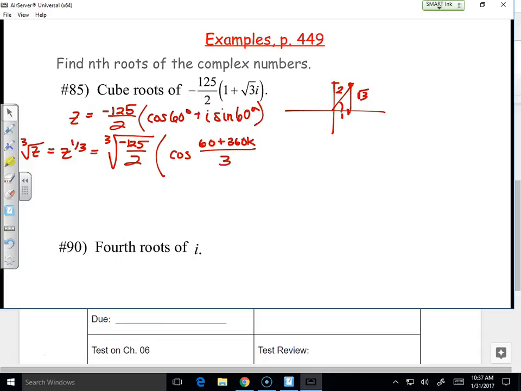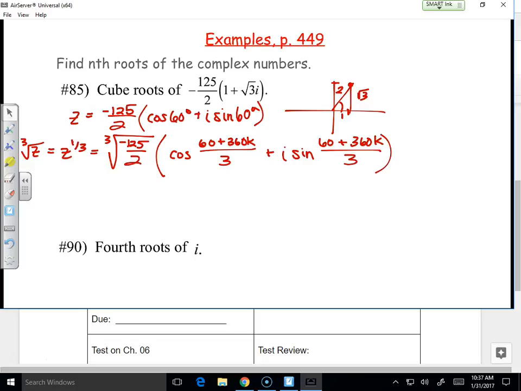But I'm not adding 2 pi, because do you see how I did 60, so I'm doing degrees. So I'm going to do 360 instead. K is, according to the last page, start at 0 and count up. And you should have as many answers as the root that you're finding. Wait, what kind of root are we finding? So we should have 3 answers.